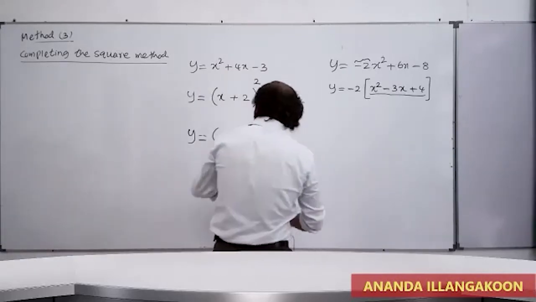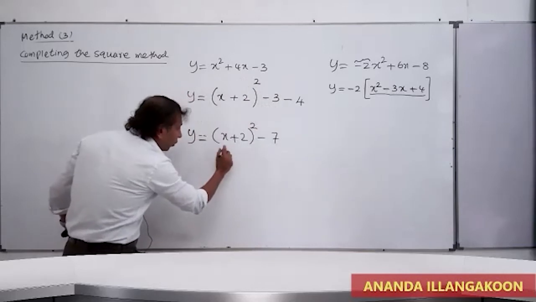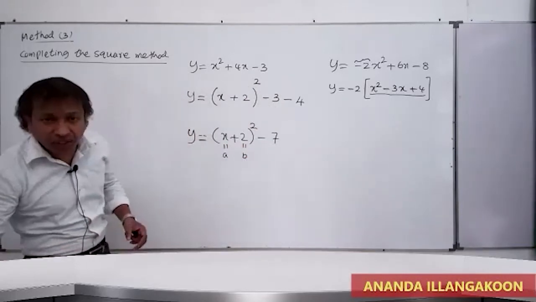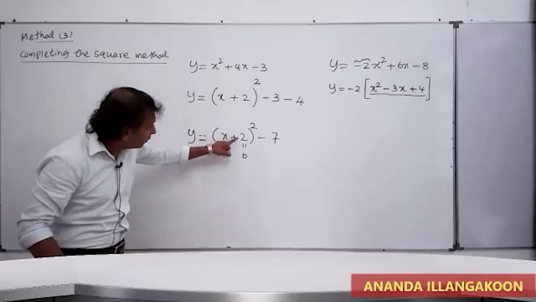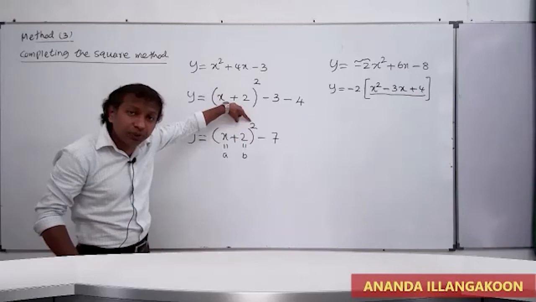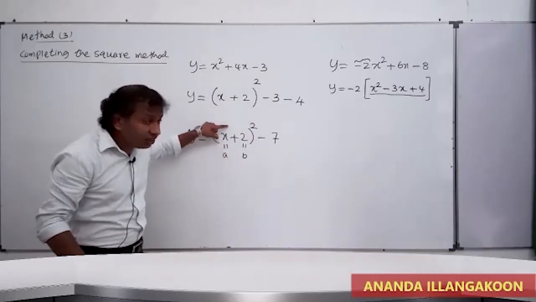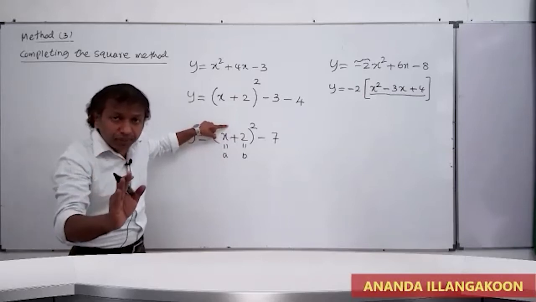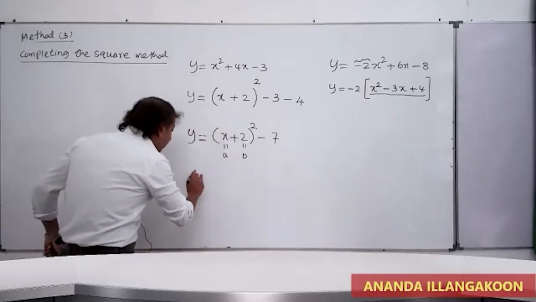When I simplify this, this is your A, this is your B. Then within the bracket you have A plus B squared. How to expand A plus B to the power 2? A squared plus 2AB plus B squared.